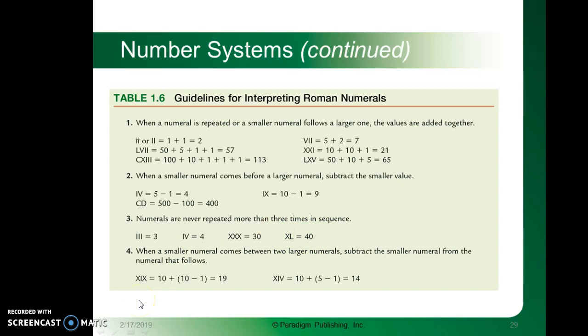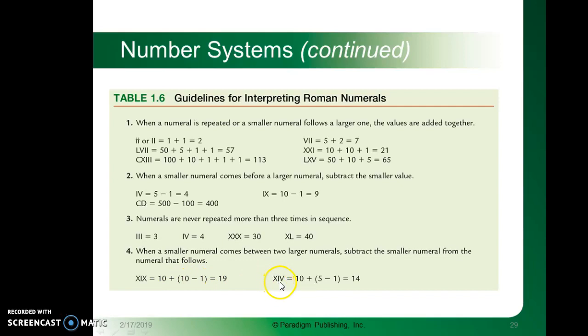When a smaller number comes between two larger numbers, subtract the smaller number from the number that follows, okay? So you wouldn't subtract 10 minus 1 here. You would take the first 10, and then subtract in the next pair, the I from the X. So 10 minus 1 is 9, plus 10 is 19.